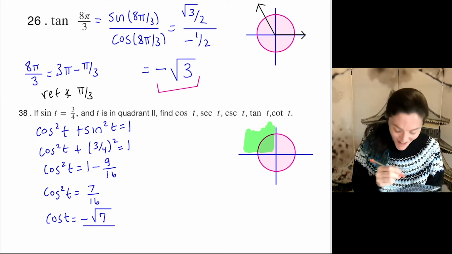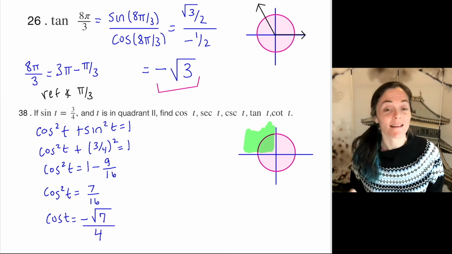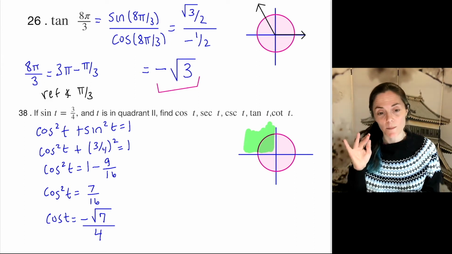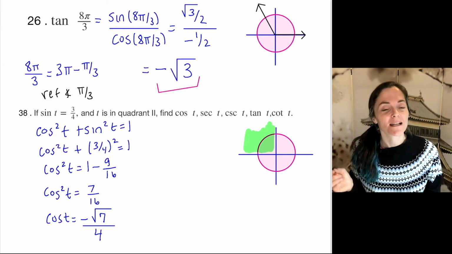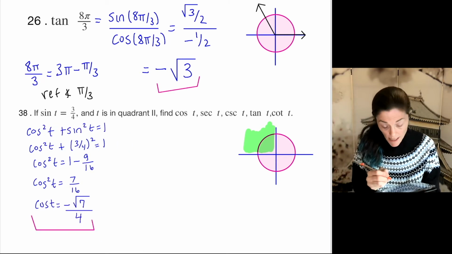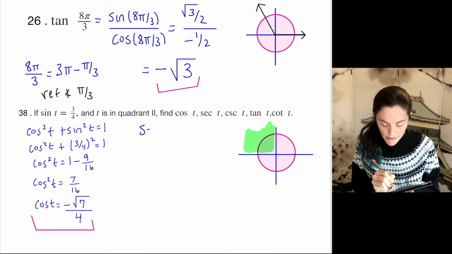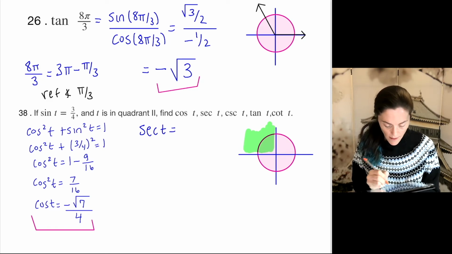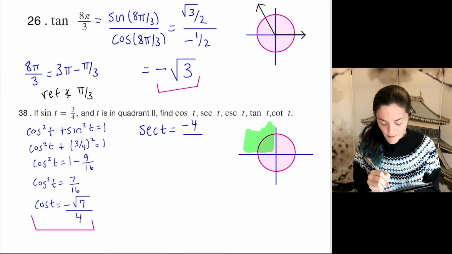Very similar to the kind of things we were doing in the last exercises video, except we have 4 more trigonometric functions to find. Everything else comes from sine and cosine. So for example, the secant of t would be minus 4 over the square root of 7.